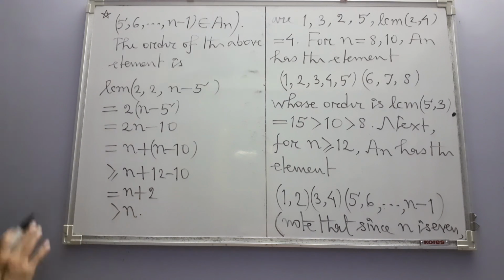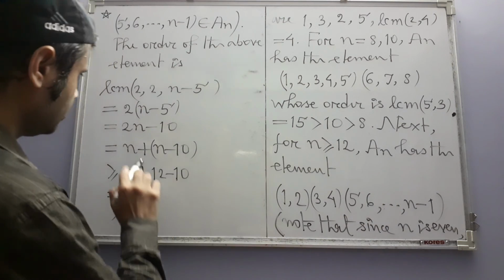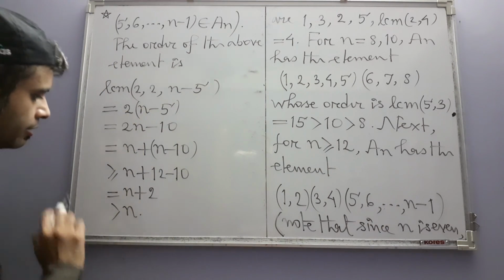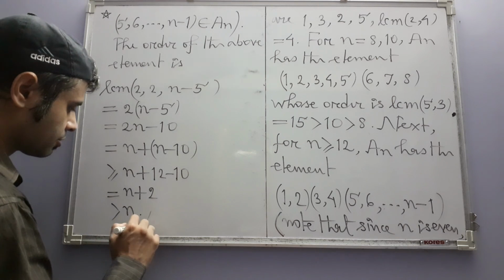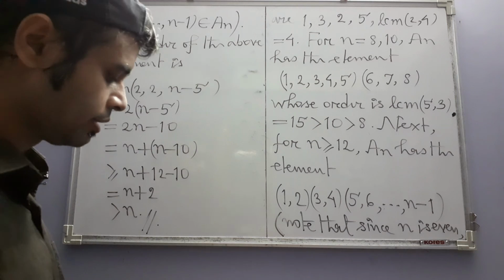Yeah, this is what I wanted to conclude, that there is an element in An whose order is strictly greater than n. So here the solution ends, and here let me end this video also.